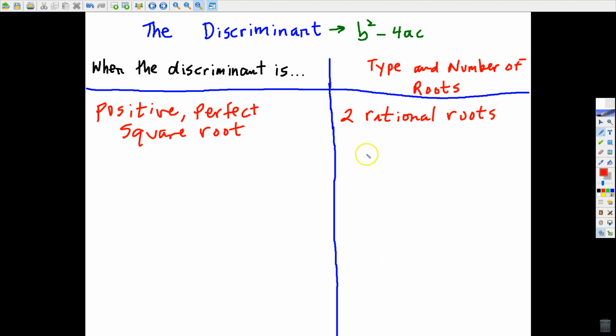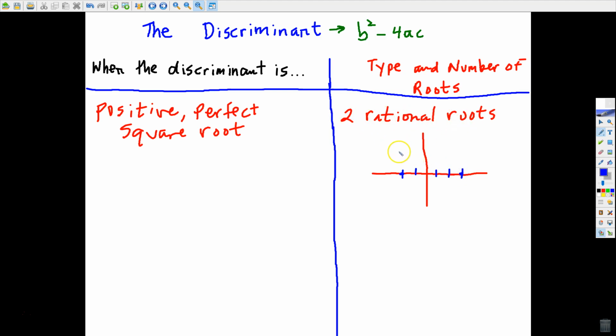Now, what's that mean as far as our graph is concerned? I want you to be able to interpret it another way, because in graphing terms, what that means is we're going to be crossing the x-axis at two real number, rational number points. Like, for example, I'll just throw you an example here. We would be crossing at -2 and +3, for example.